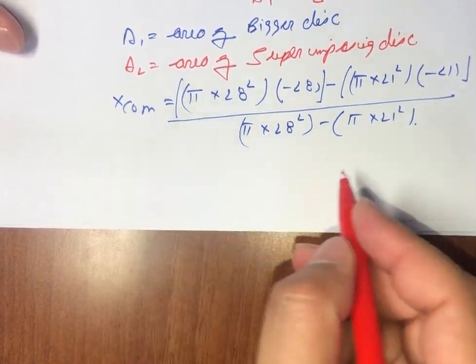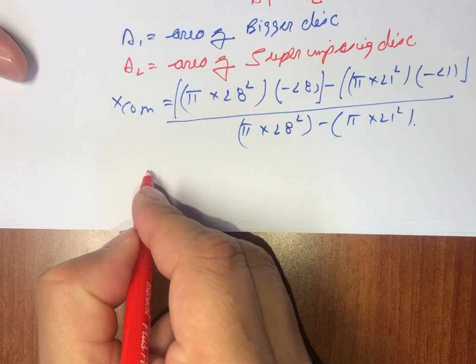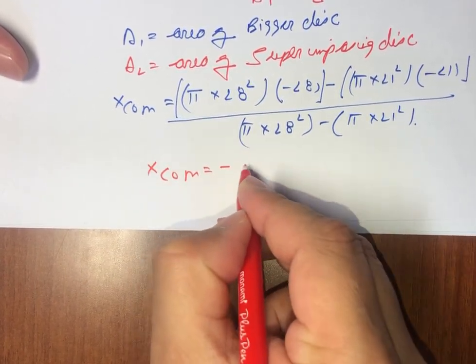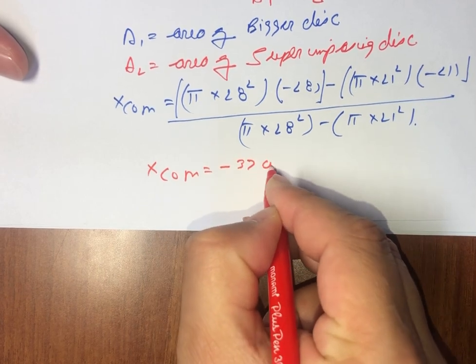So if we substitute them, we get that x center of mass will be coming equal to minus of 37 centimeter.